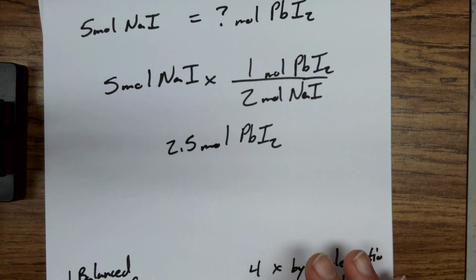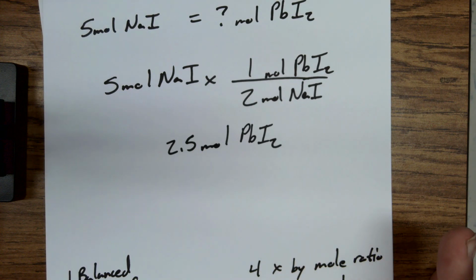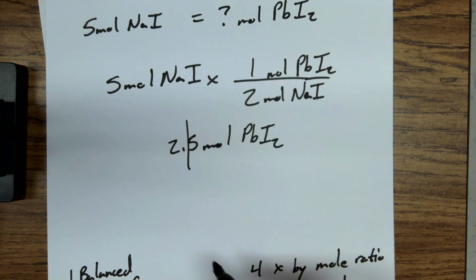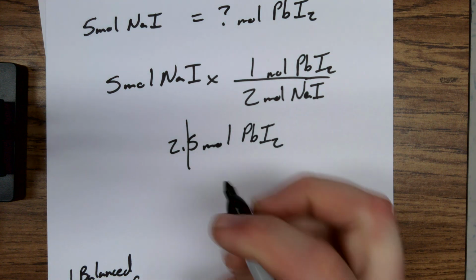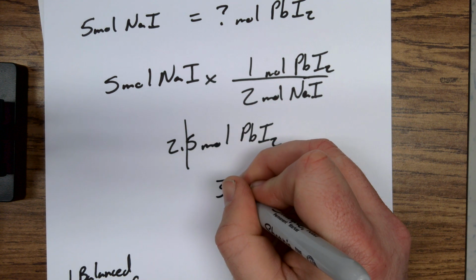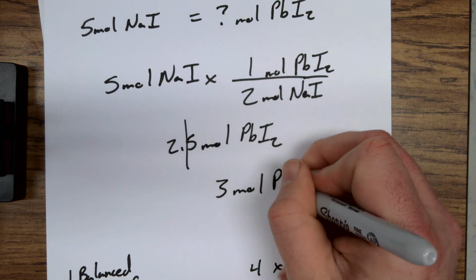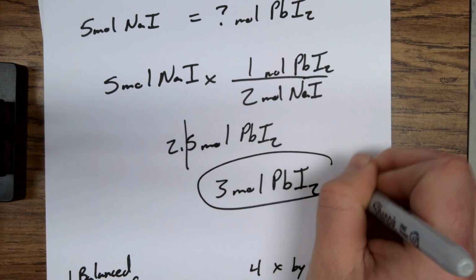How many sig figs did I start my question with? 1. How many sig figs can my final answer have? 1. Is the 5 big enough to push my 2 to a 3? So my final answer is 3 moles lead-2 iodide.